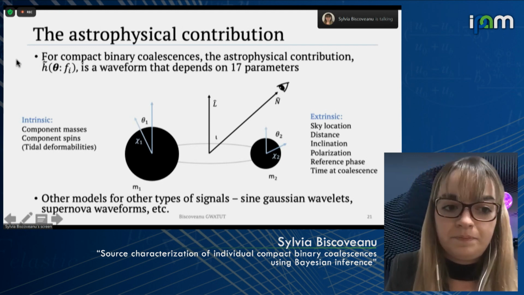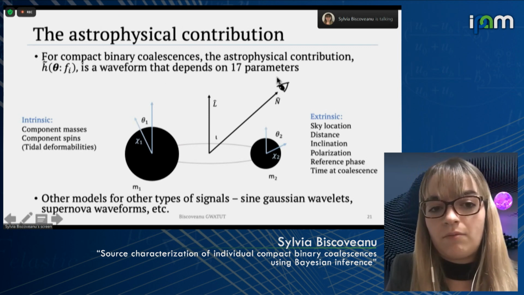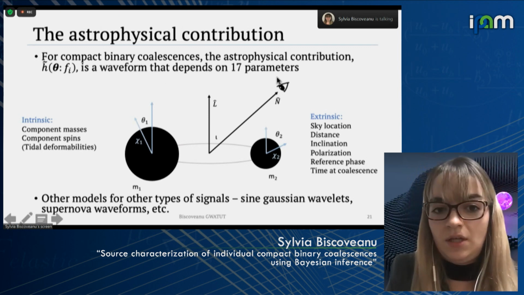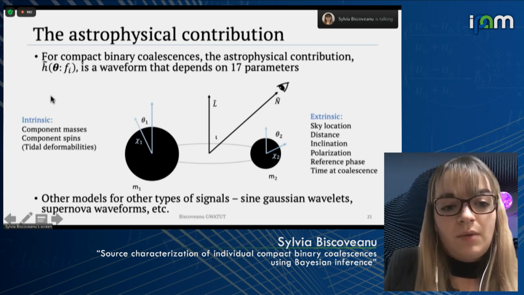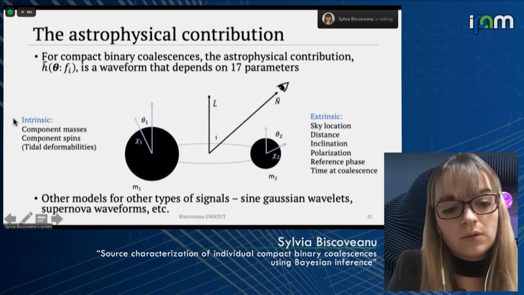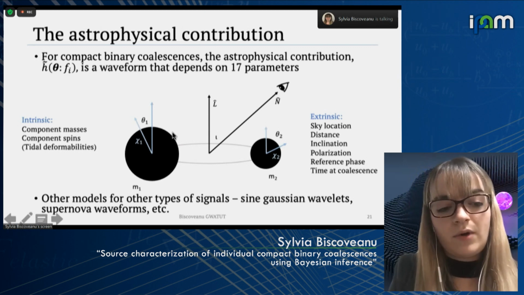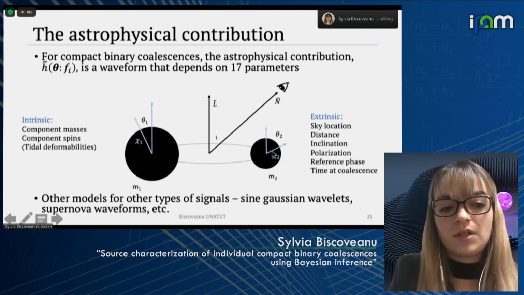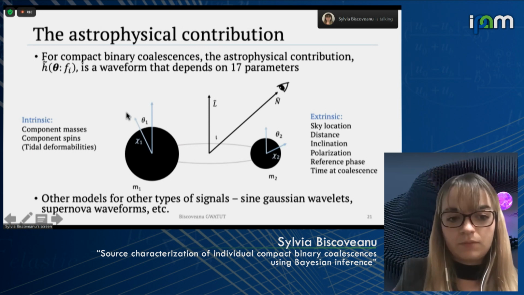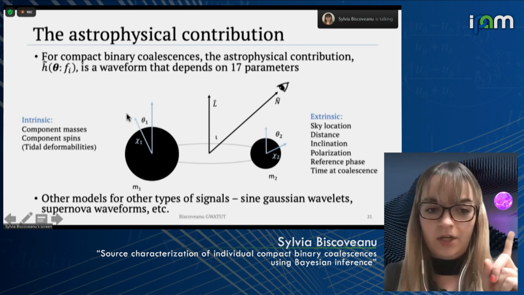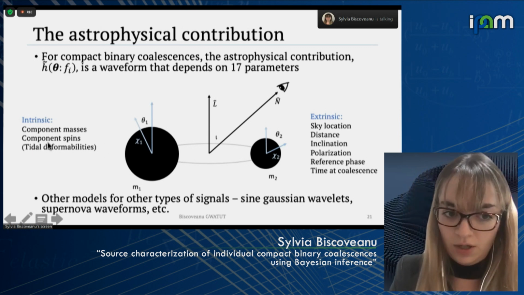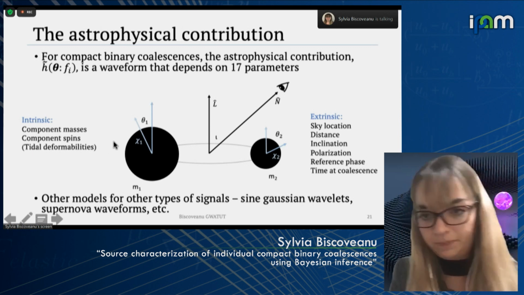So here, H of F is a waveform that depends on up to 17 parameters. These can be broadly divided into two categories. There are the intrinsic parameters, which consist of the masses of the two compact objects as well as their spins. The spins are actually a three-dimensional vector for each compact object, so those represent a total of 6 parameters.